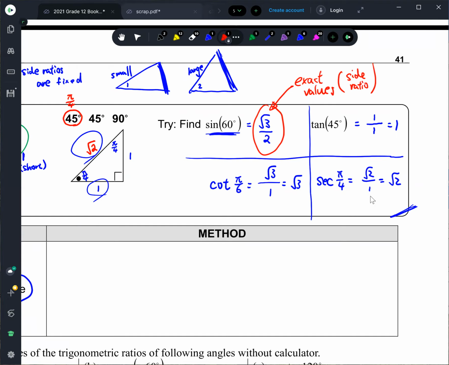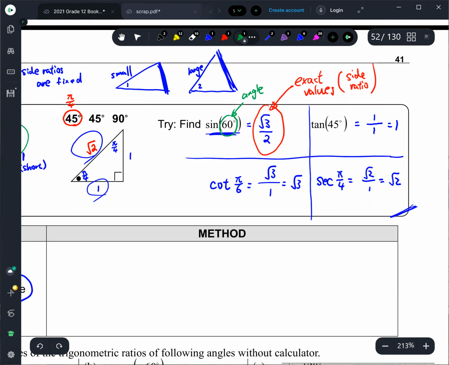Root 3 is a side, 2 is a side, you put them together, side ratios. And then the 60 degrees, this is called the angle. So they will give you the angle, and then you need to find out what the exact values or the side ratios are. So that's our goal here. So go over step by step here.